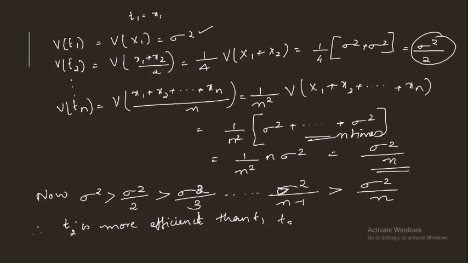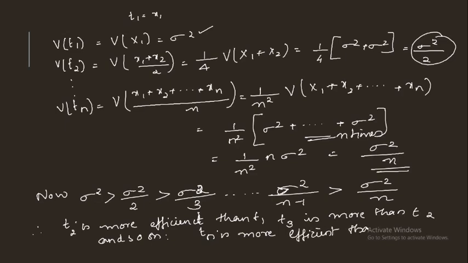What about T3? T3 is more efficient than T2, and so on. And finally we conclude that Tn is more efficient than T1, T2, etc. Tn minus 1.